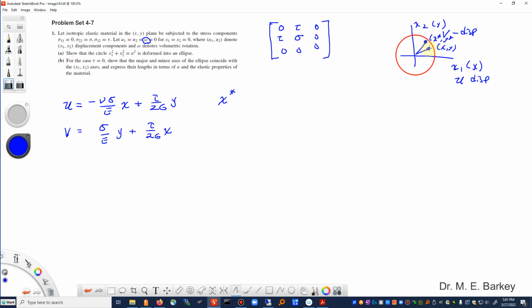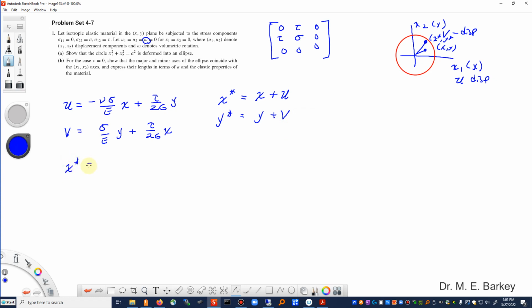I don't want to make this too confusing. But x star would be equal to the original position plus the u displacement, and y star would be equal to the original position plus the v displacement.